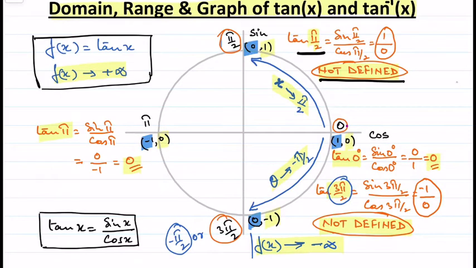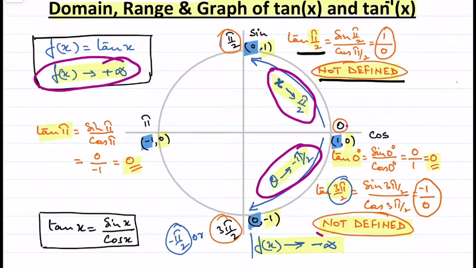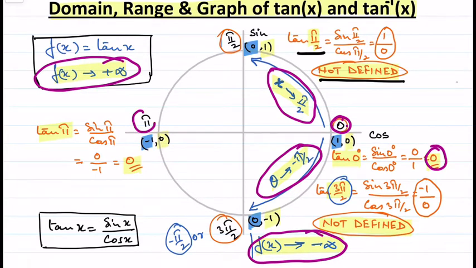Now we already know that when x approaches pi by 2, f(x) approaches plus infinity. When x approaches minus pi by 2, f(x) approaches minus infinity. And at 0, tan is 0. Similarly, at pi, tan is 0.